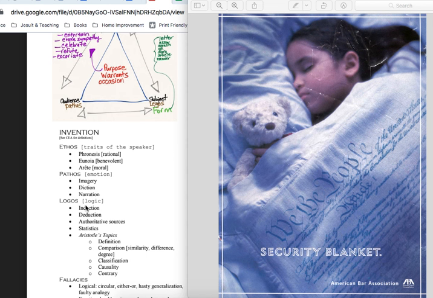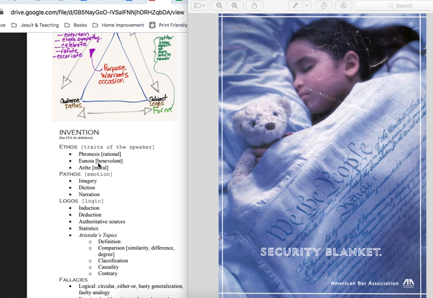Rationality deals with all the elements under logos. So if the speaker uses definition or comparison, classification, causality, etc., all of these items, he's demonstrating that he's a rational person. So that's clear here. Now, the other two elements, and remember, we're talking about the American Bar Association. That's the speaker.